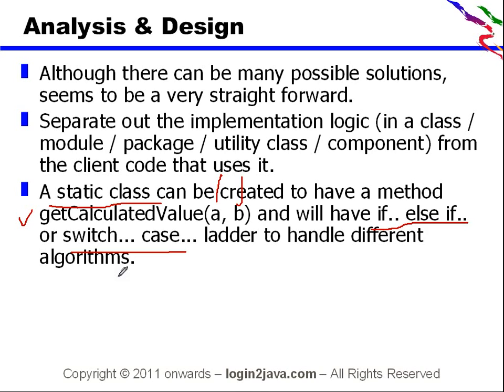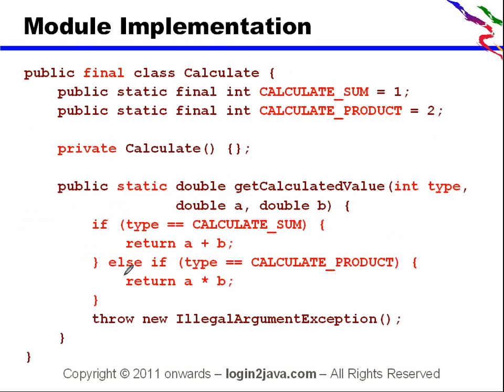So let's look at the example code for this solution. We have made the class final because we don't want any instance of this class. Although making it final prevents the class from being extended by subclasses.